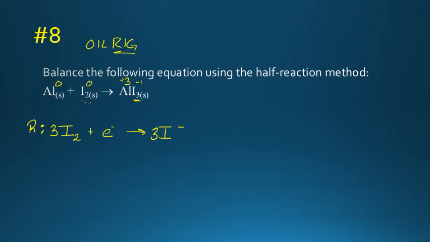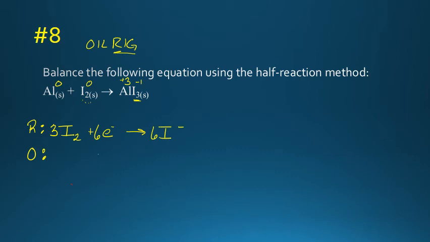So I'm going to put a 3 there, which gives me 6 total iodine atoms. And then I'm going to change this 3 to be the 6 ions that they turn into. So if 6 iodine atoms turned into 6 iodine ions, that means it had to gain a total of 6 electrons.